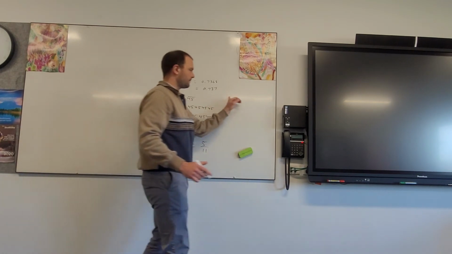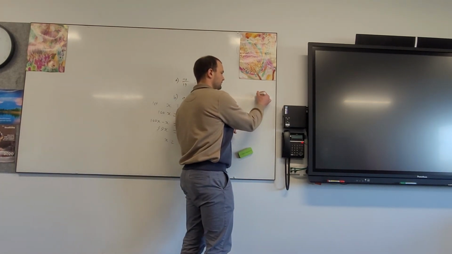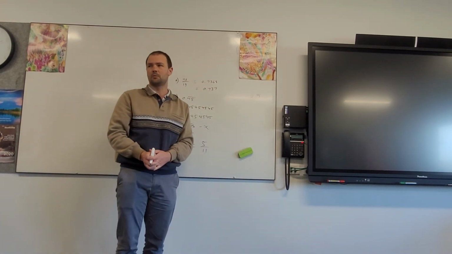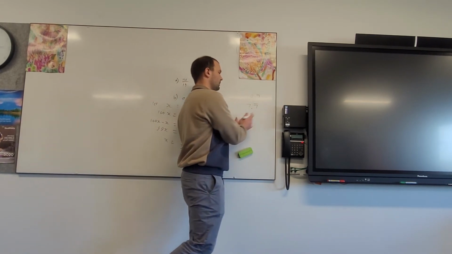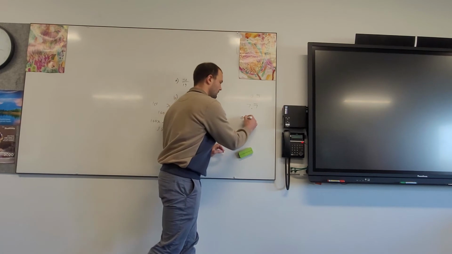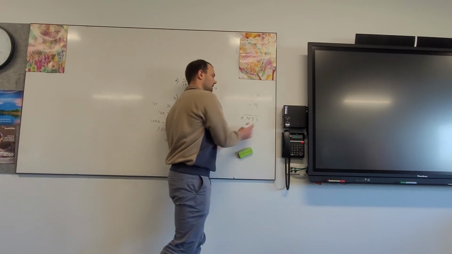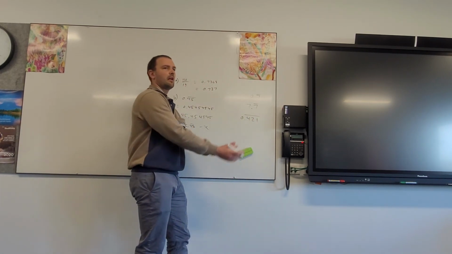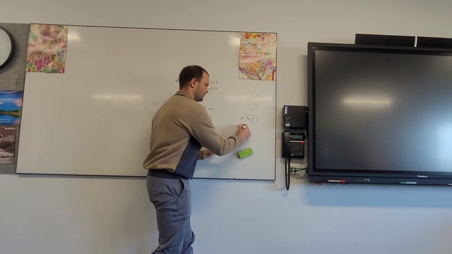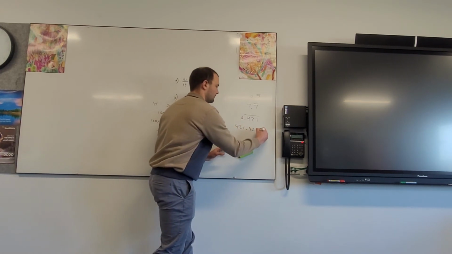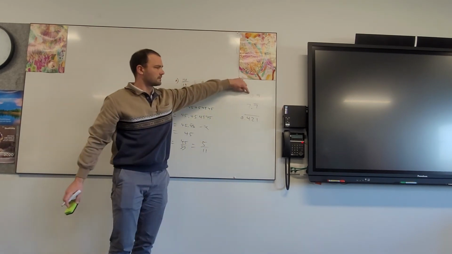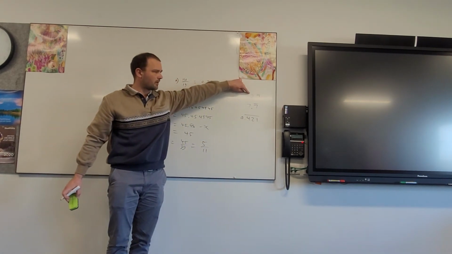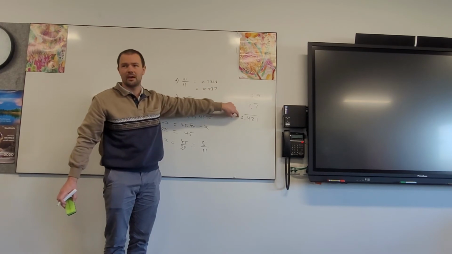There are instances, if we had 0.7 recurring, we just need to multiply that by 10, because then that's going to make it 7.7 recurring. If we had 0.421 recurring, then we need to multiply it by 1,000, so we can have 421.421, 421, etc. So if there's one number, we multiply by 10, two numbers by 100, three numbers by 1,000, and so on.